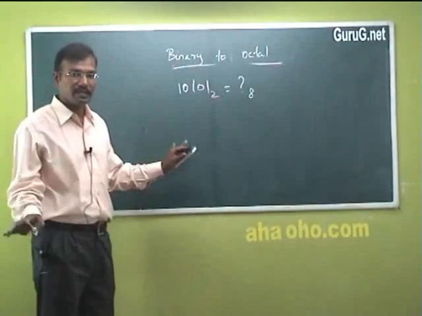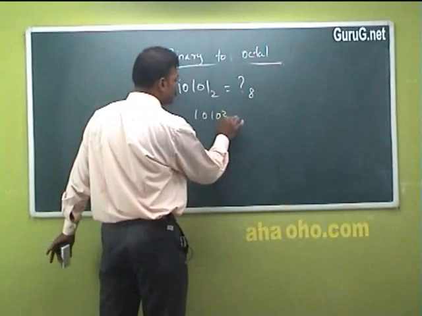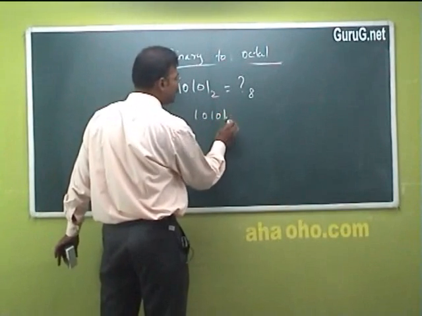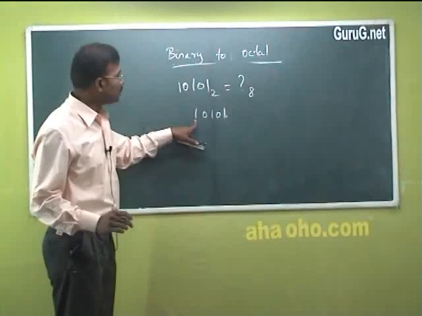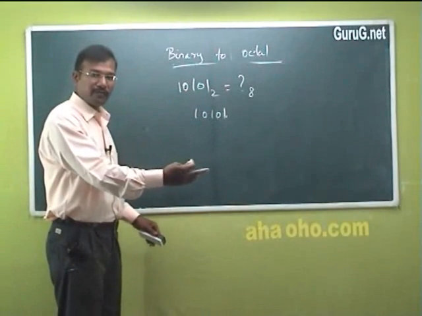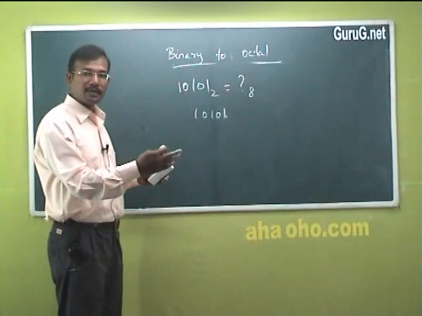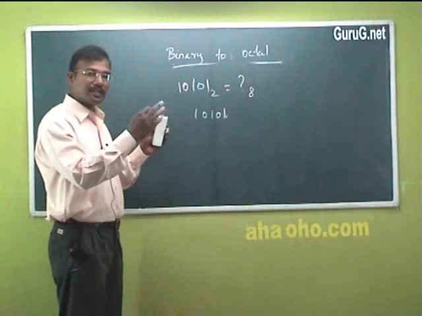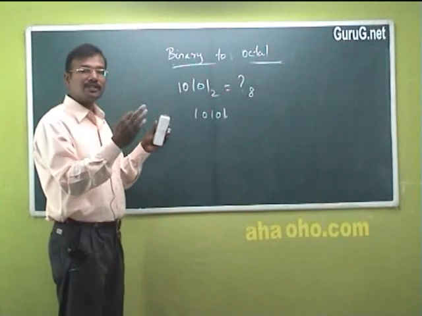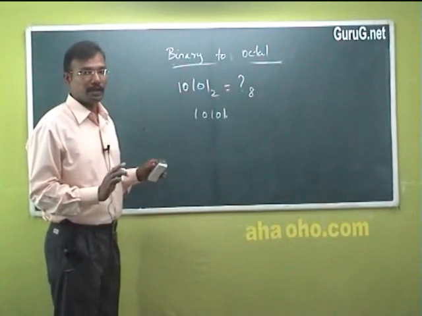The process is very, very simple. You write this number, 10101. From the least significant bit, you group the bits in such a way that 3 bits form one group.